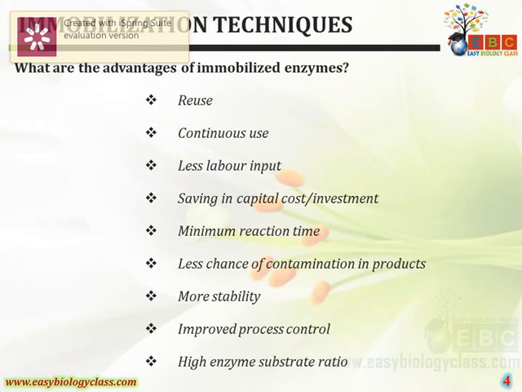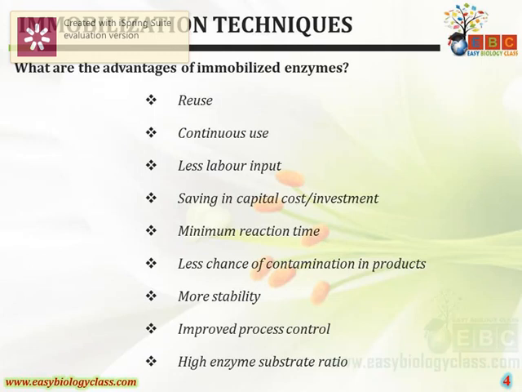Because of enzymes, minimum reaction time is required to complete the process of making the product from the reactants. That is, the efficiency is higher. Enzymes are more efficient at converting the substrate or reactant into products.